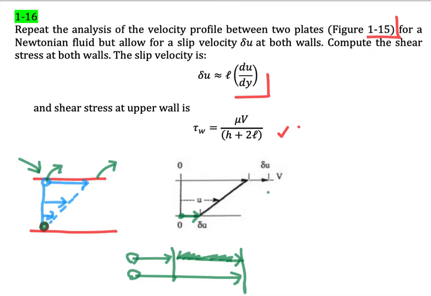So it means that if the no slip condition has velocity like that, at the bottom here you could draw it starting from this one, but at the top plate here, the velocity actually is reduced a little bit, because the molecule is not stick very well. So when you push this plate at certain velocity, this molecule maybe cannot follow that velocity.